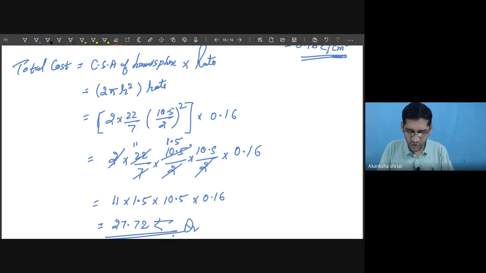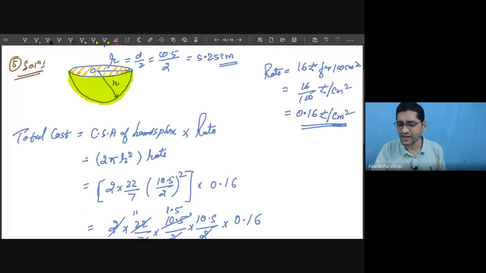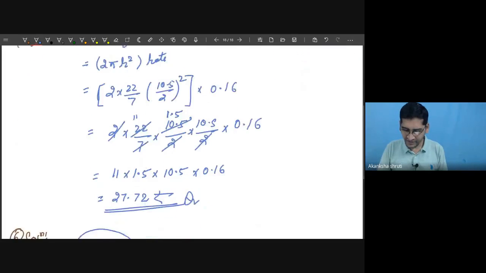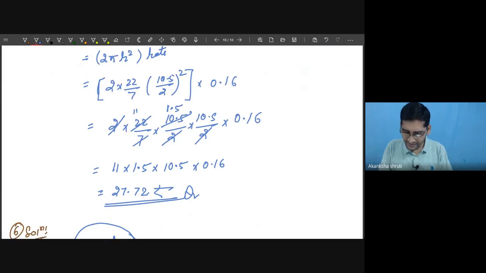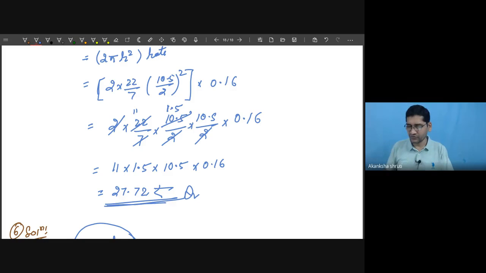So substitute 2 into 22 by 7, and r is our 10.5 by 2, diameter by 2, their square, and the rate is 0.16 because 16 rupees for 100 centimeter square was there. So we have taken this. On simplifying, the simplification I have done here, cancelling, finally you will get the cost as 27.72 rupees. So the answer will be in rupees.